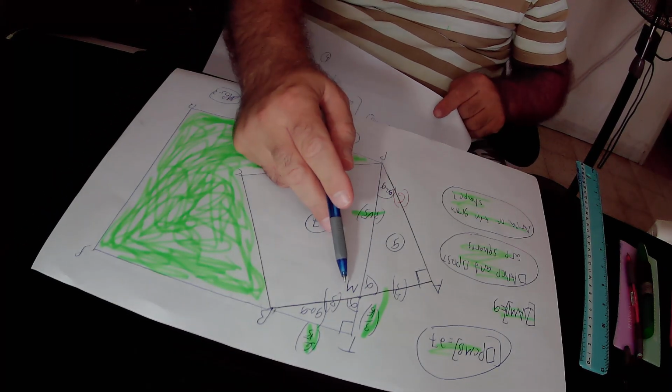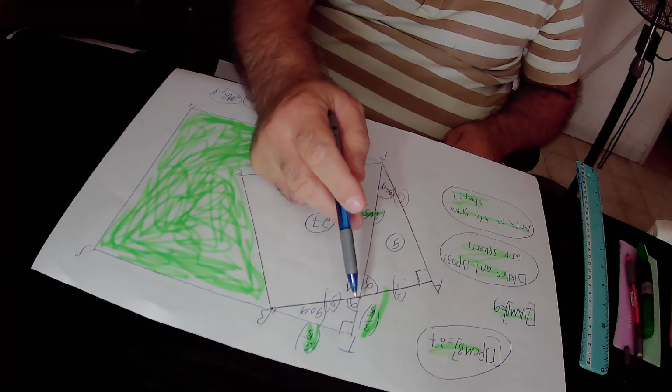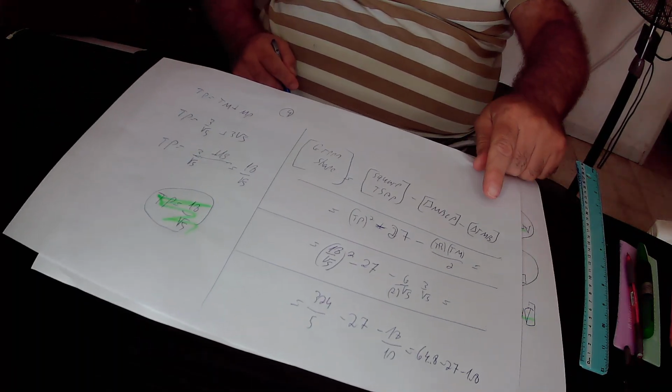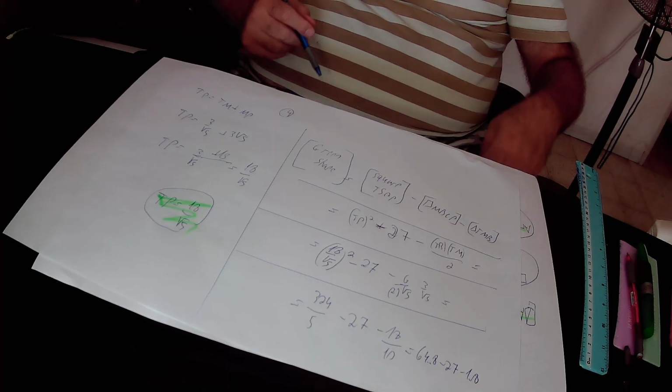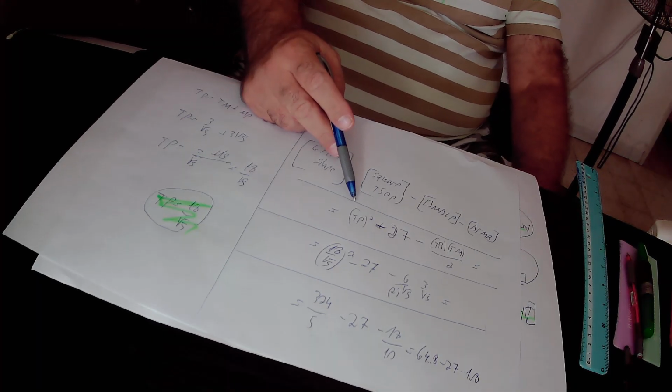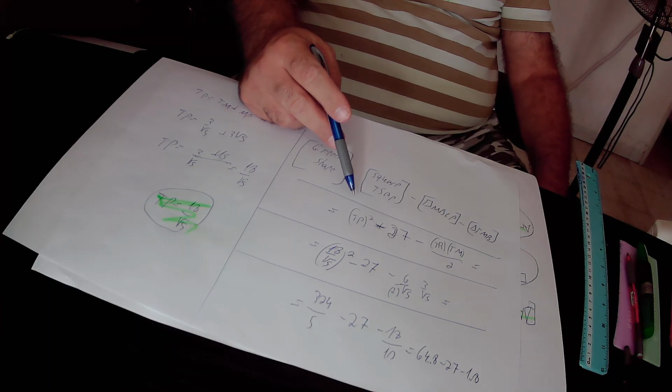The area of this small right triangle TMB equals the base TB times the height TM over 2. And again, the area of the small right triangle TMB equals the base TB times the height TM over 2.